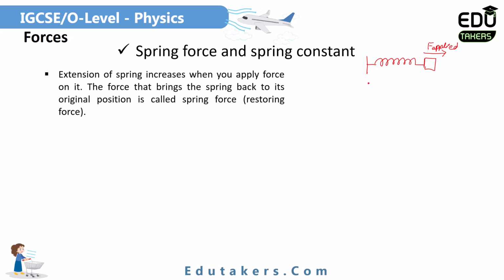Then the length of this spring increases and it extends just like that. See here in which direction the spring moves. It moves towards the right. I represent here an arrow showing the direction of the extension.